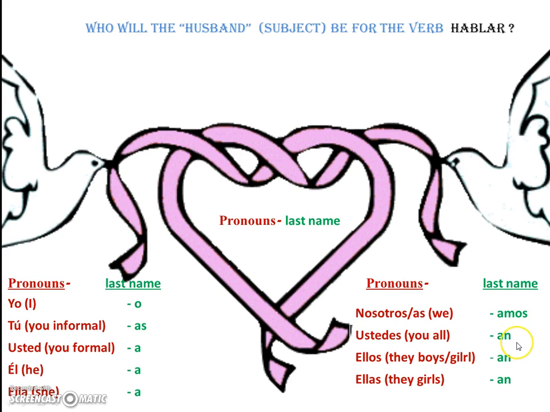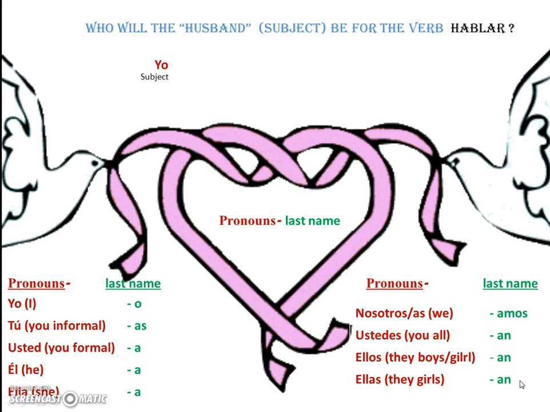The last name would be an. Ellos means they, meaning a group of boys, or a group of boys and girls. The last name would be an. And ellas would be a group of only girls. An.